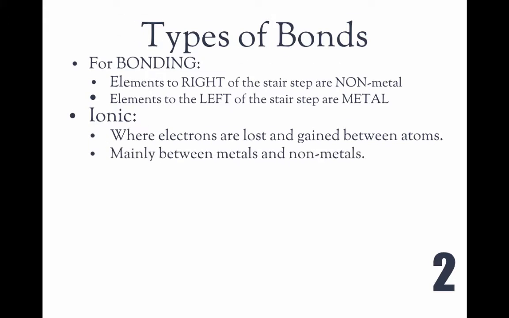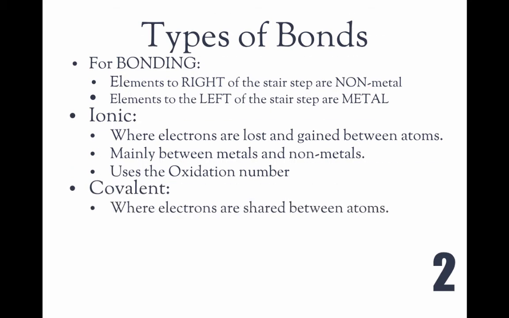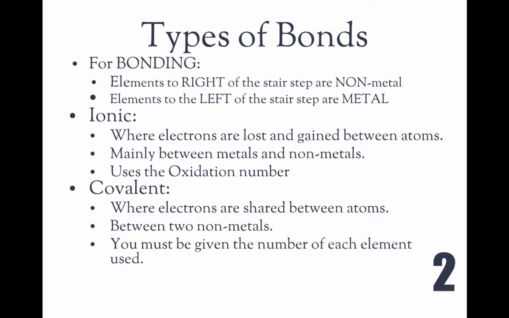These occur between metals and nonmetals, and they will use the oxidation numbers. Then you have covalent bonds, where the electrons are shared between the atoms, occur between two nonmetals, and you will be given the number of each element to combine.